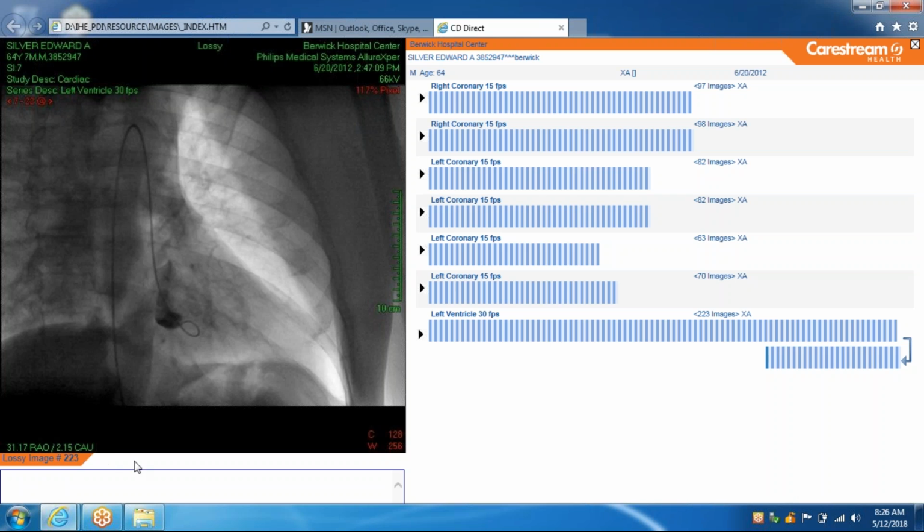Okay, so again, your pigtail catheter in the LV, and you just want to see how well the heart pumps the contrast material out. And from that, you can get an idea of ejection fraction. Also, if the patient has mitral regurgitation, you can see there's a little blood going back across the mitral valve.